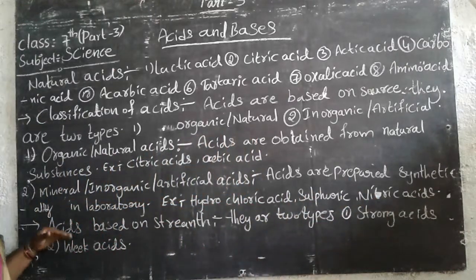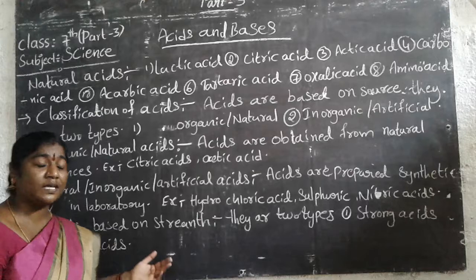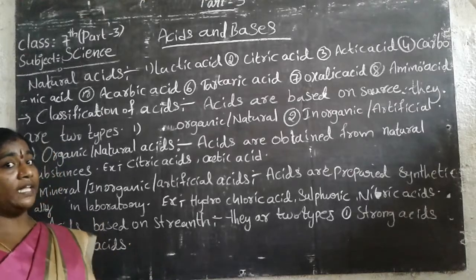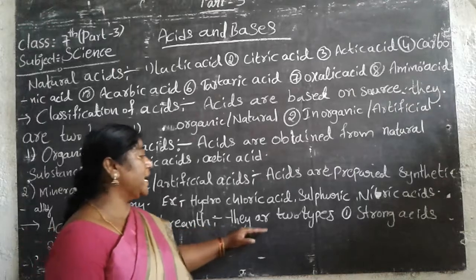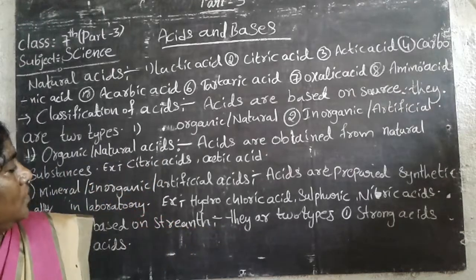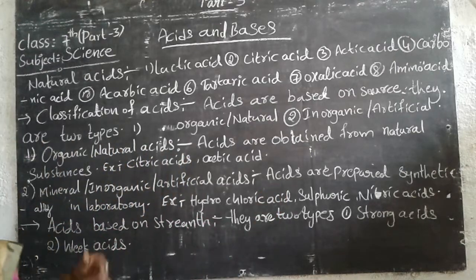Next, we have to go to the next one: acids based on strength. How many types? Acids are divided based on strength into two types.